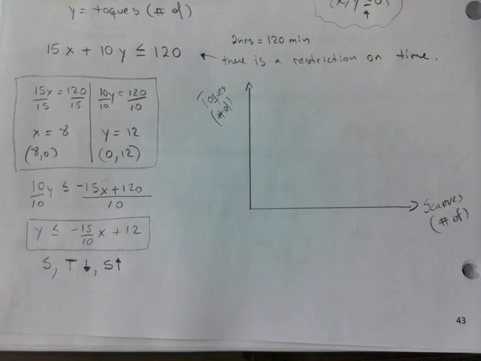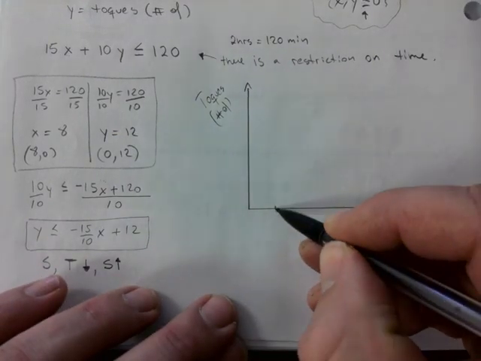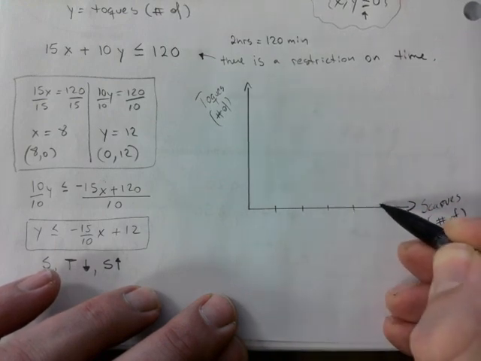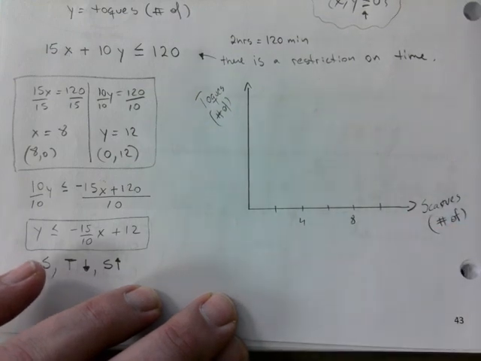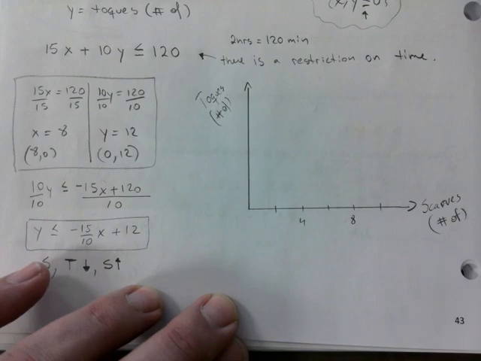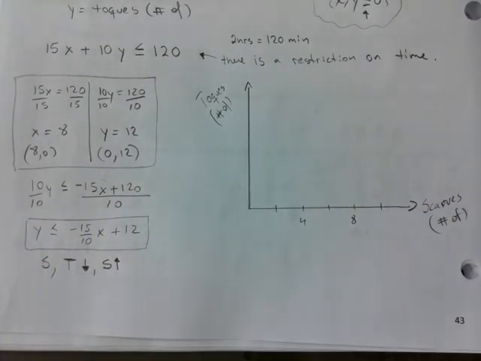And here's where you have to come up with your own scale. In this case, it's not too bad. I'm just going to go up by 2s: 2, 4, 6, 8, 10. You don't have to label every single one. Just make sure I understand what your scale is.